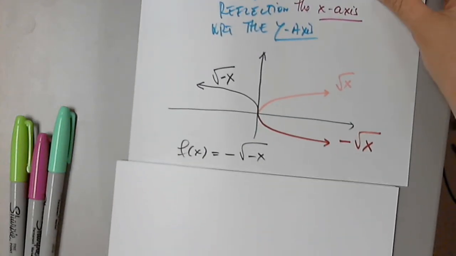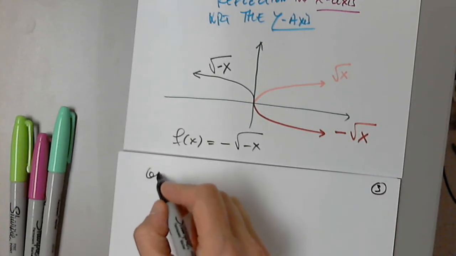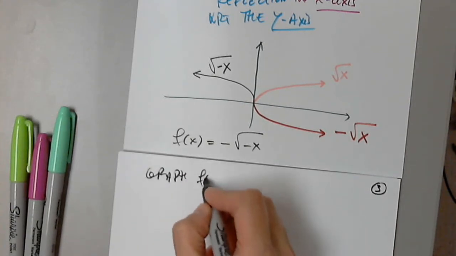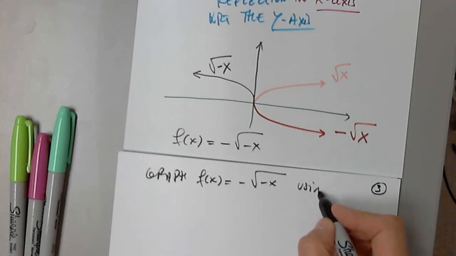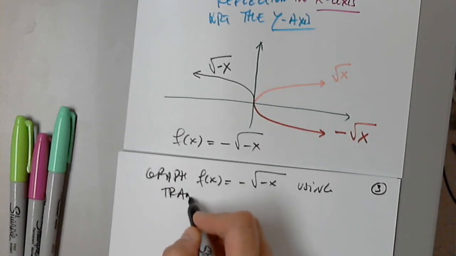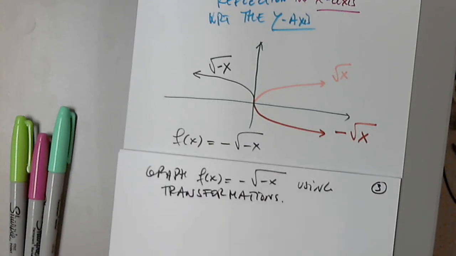First, we have to identify, so here's the question. Graph this f of x, which is negative square root of negative x, using transformations. Meaning, I'm not interested in a perfect graph. I'm interested to see that we understand this graph and what it does. First, I have to graph the base function.